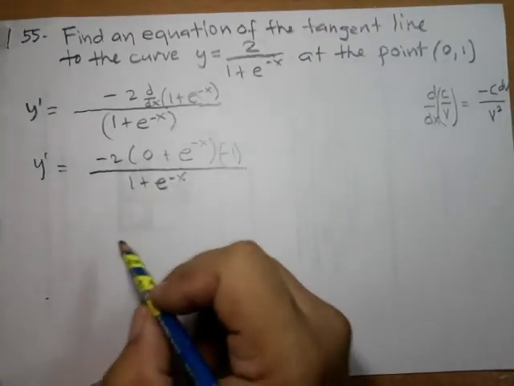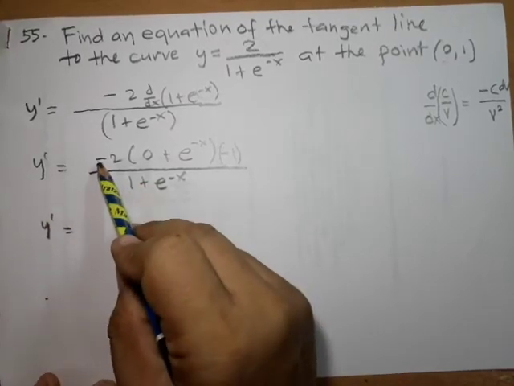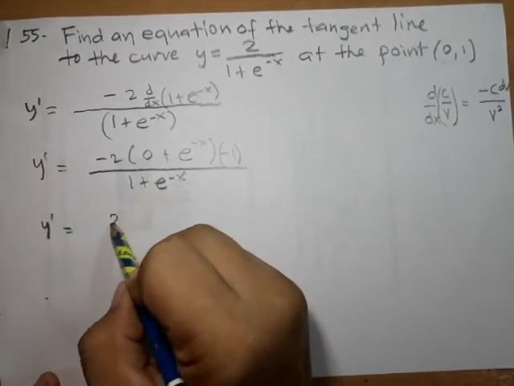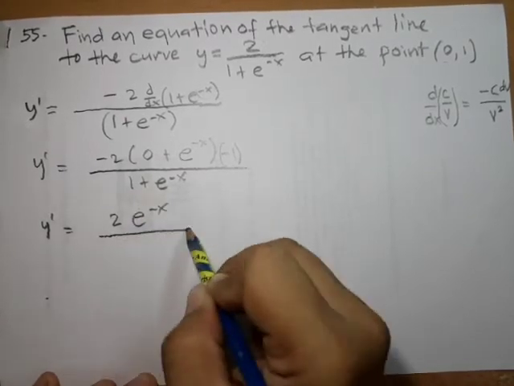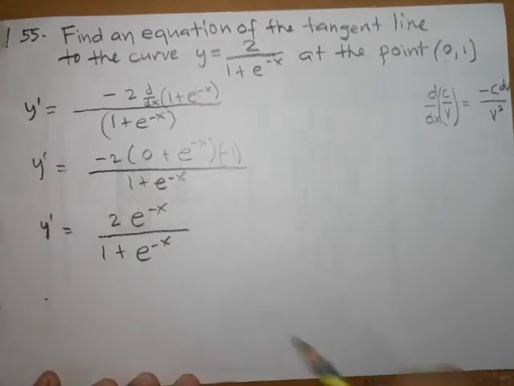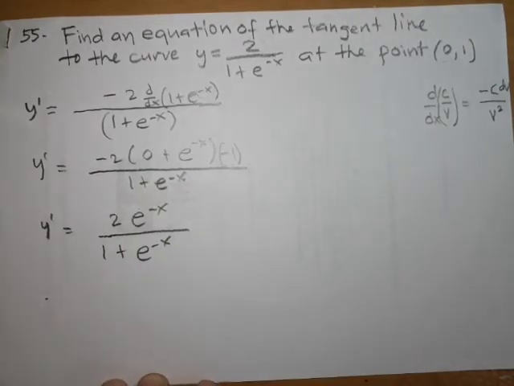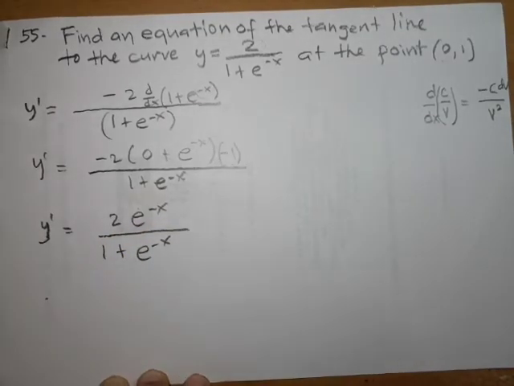Okay, so we will have here y prime equals, the negative cancels, so this becomes 2 times e to the negative x over (1 plus e to the negative x) squared. So we now have the equation for the derivative.